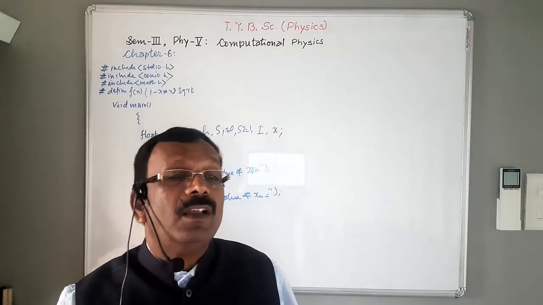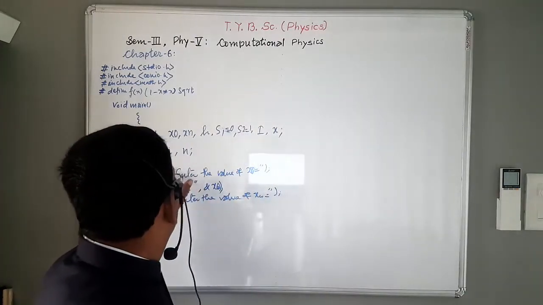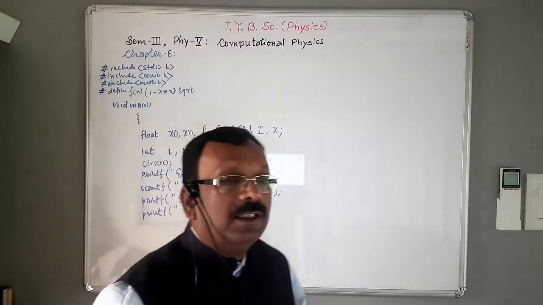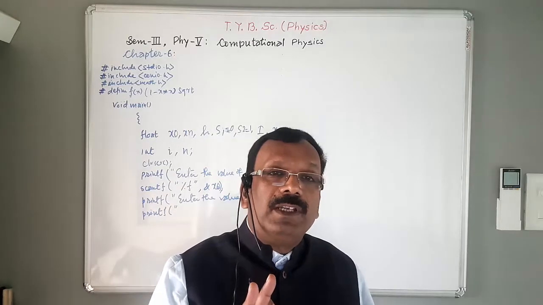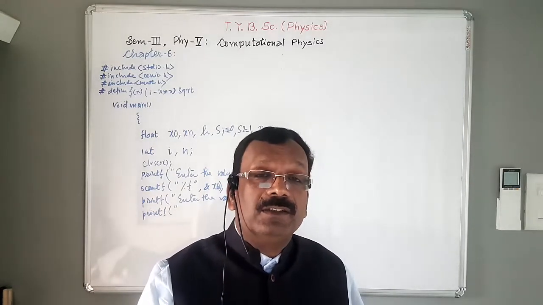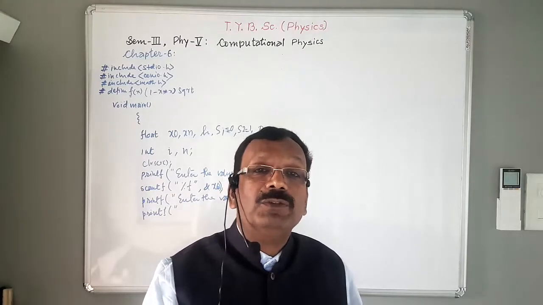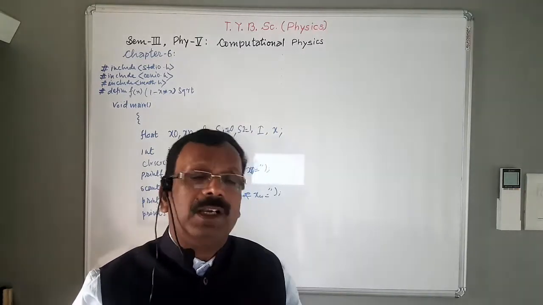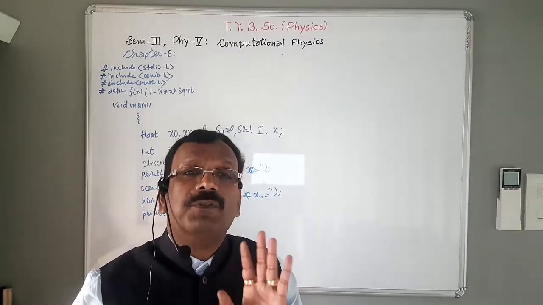Now we are going to use the clrscr function to clear the screen. Then we are going to enter three values when the program is executed, through the keyboard, which are the lower limit of the integration, the upper limit of the integration, and the number of steps to be performed.